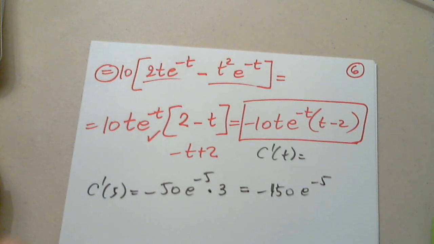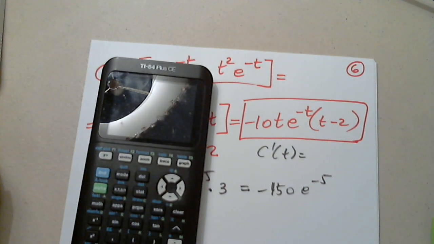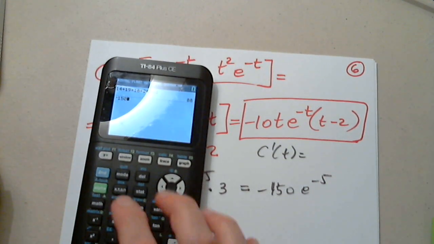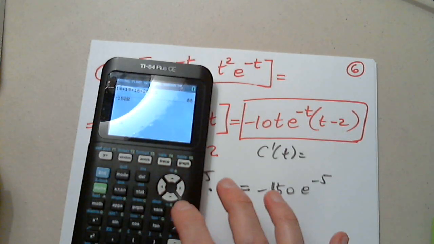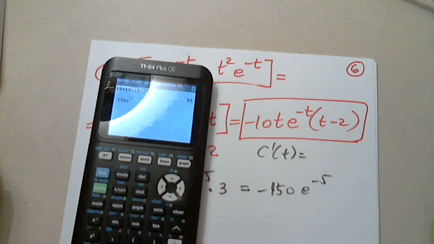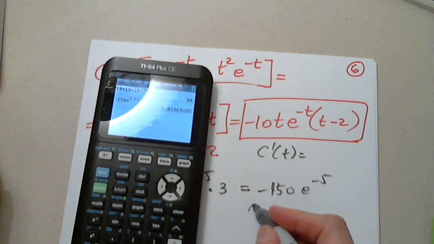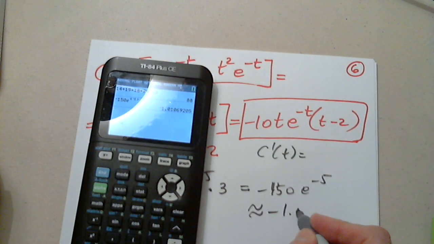I have no idea what that means. So negative 150 times e to negative 5. Enter. So approximately negative 1.01.